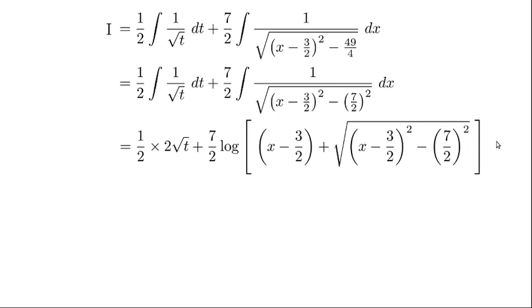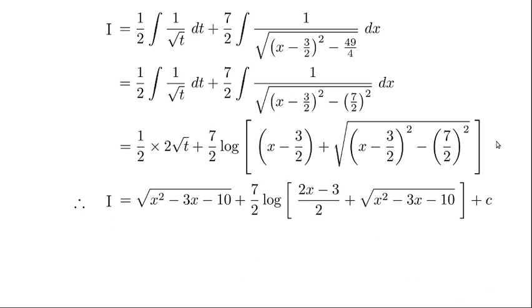Plus c is missing, please add that. So finally I equals, we get here 2 to get cancelled, root of x square minus 3x minus 10 plus 7 by 2 times log of 2x minus 3 upon 2 plus root of x square minus 3x minus 10 plus c.